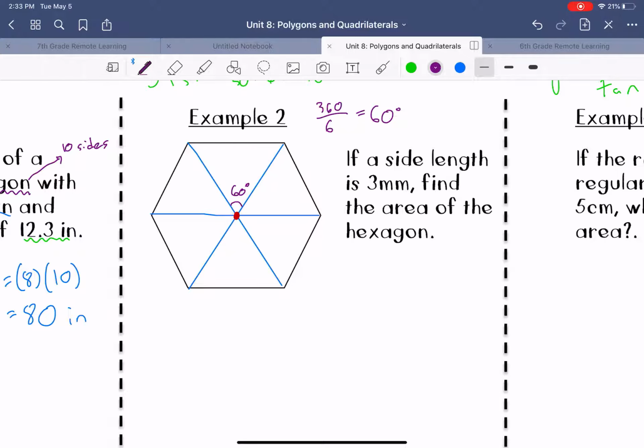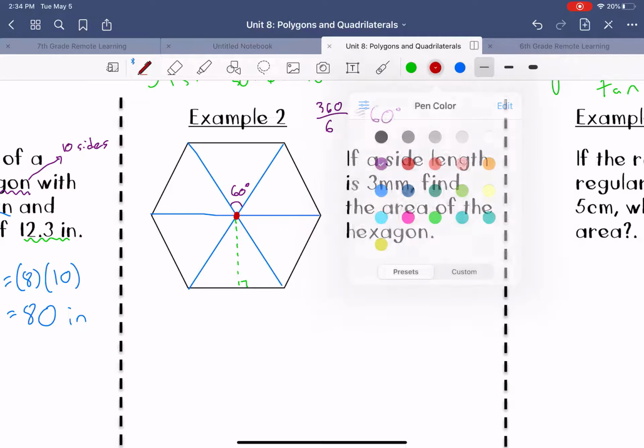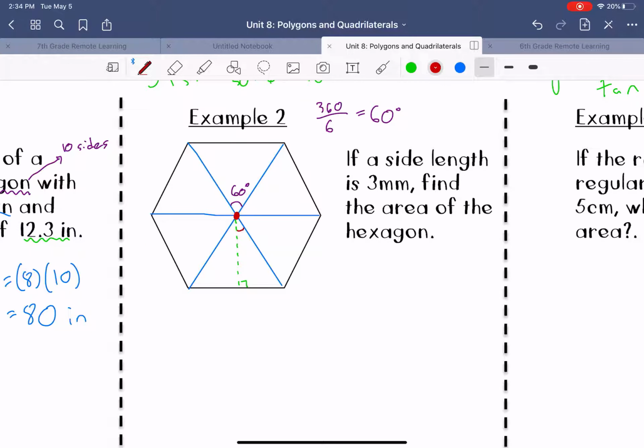Okay? So then something that always happens is we draw the apothem, because in order to find the area, we need to know the apothem. And then often we're asked to find this angle right here. The apothem, remember, bisects the opposite side.